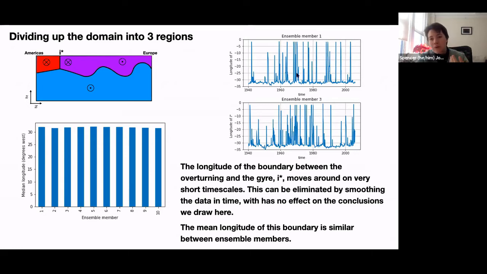But what I will say is I can take a rolling average over a longer time period, and then I star is defined at every time step, and I get the same results. So I think this spikiness in I star doesn't really affect the results I'm getting very much.